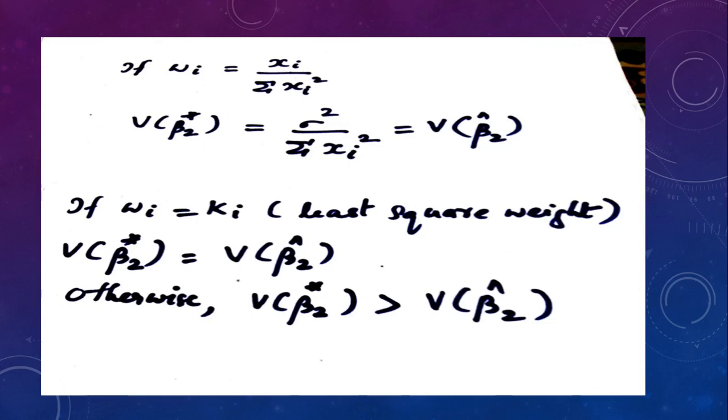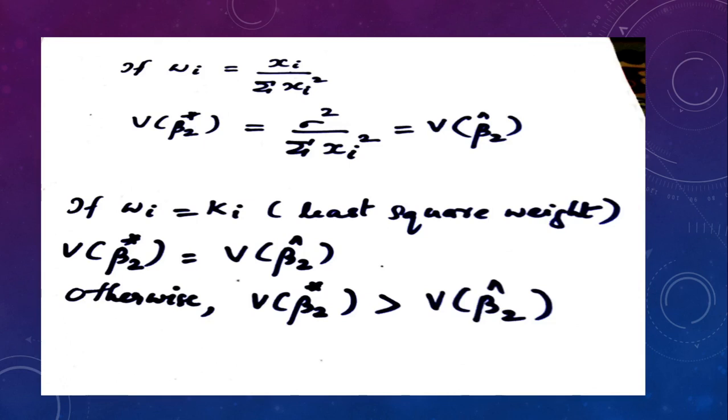So we can say if wi is equal to ki, that is if the weight assigned to beta 2 star, that is if wi is equal to the least square weight, that is the weight assigned to beta 2 hat. If wi is equal to ki, if we assign the same weight, then variance of beta 2 star is equal to variance of beta 2 hat.